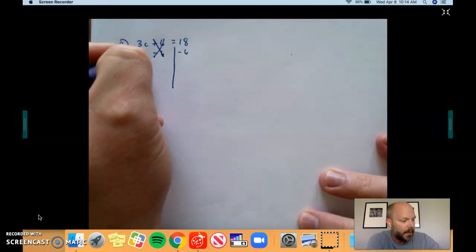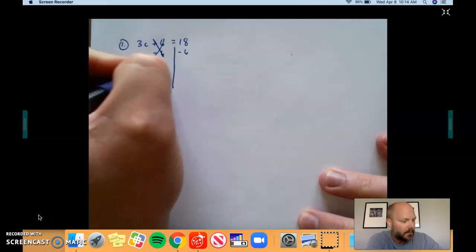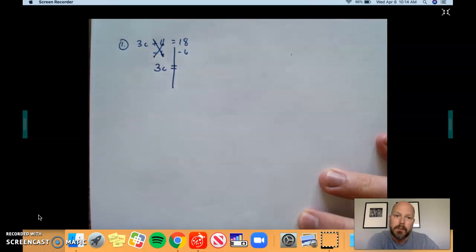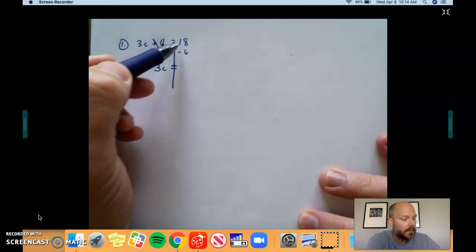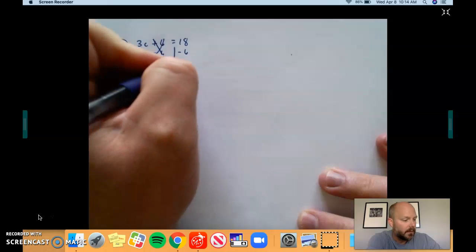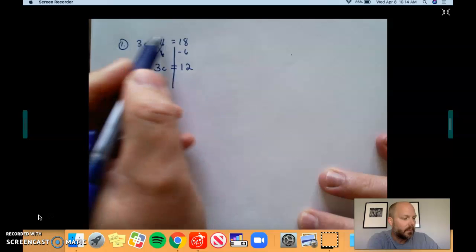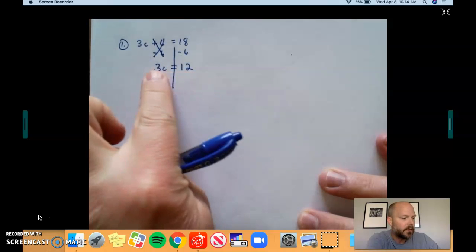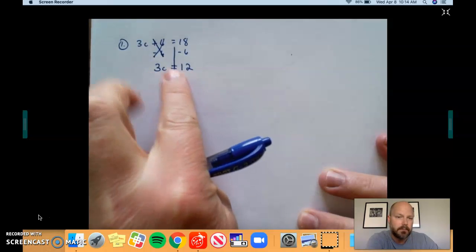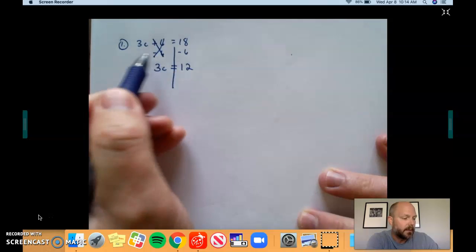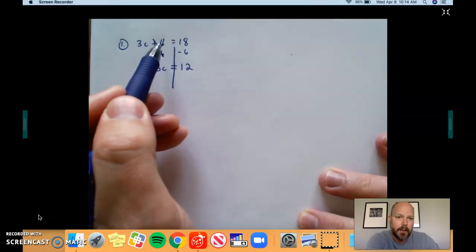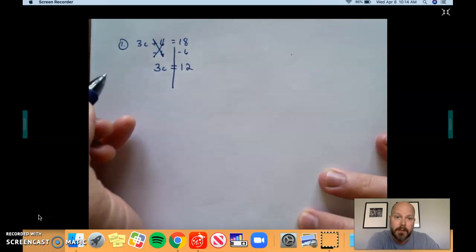And I'm going to bring down my 3c, and I'm going to bring down my equal sign. And then 18 minus 6 is 12. Okay, so I'm done with all this. This new equation right here has been simplified from up here, okay? So now I start the whole process over.